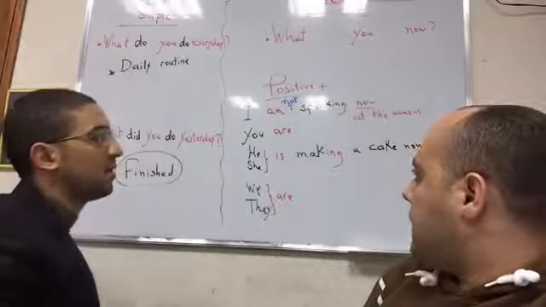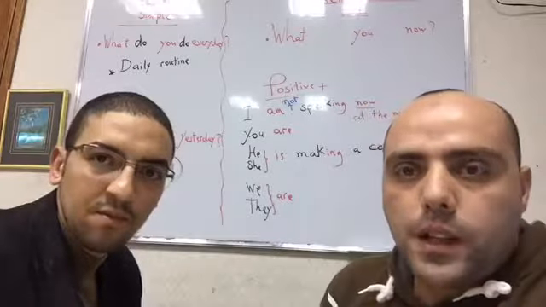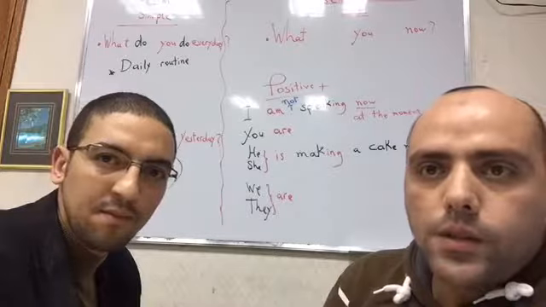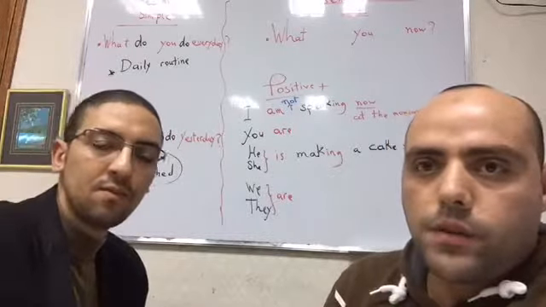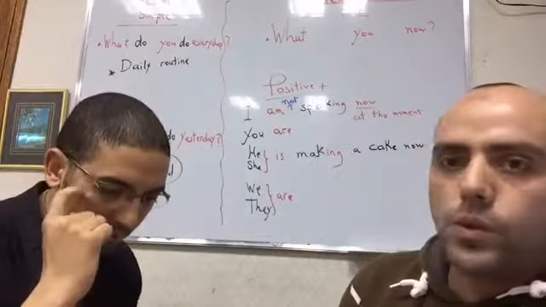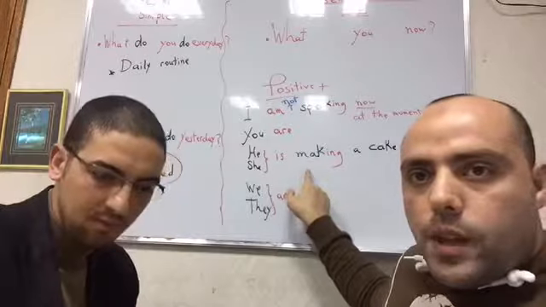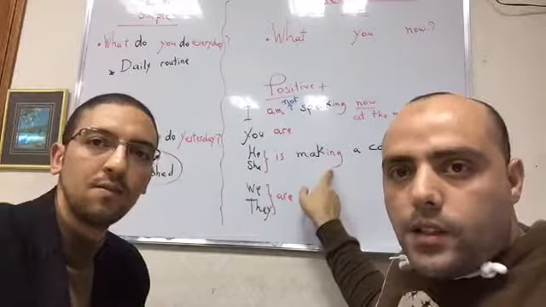So if you have a verb that ends with the letter E, you cannot add just ing, but you have to delete the E and add ing. So the verb make, as you can see on the board, is going to be making.